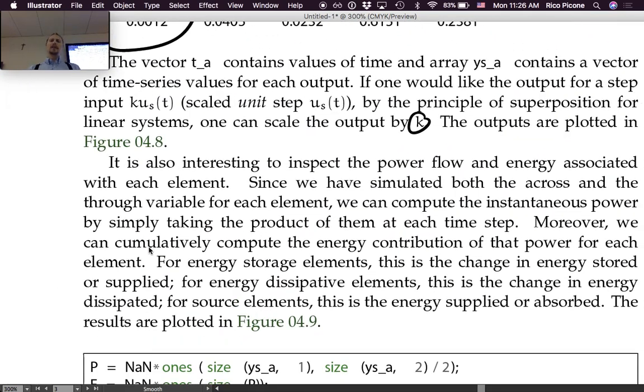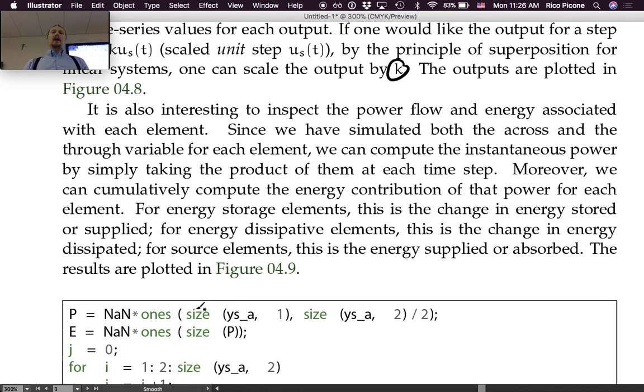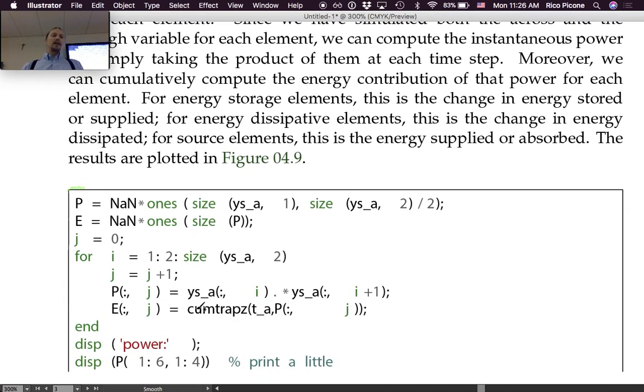It's also interesting to inspect the power flow and energy associated with each element. Since we have simulated both the across and the through variable for each element, we can compute the instantaneous power by simply taking the product of them at each time step. That's what we're going to do down here.